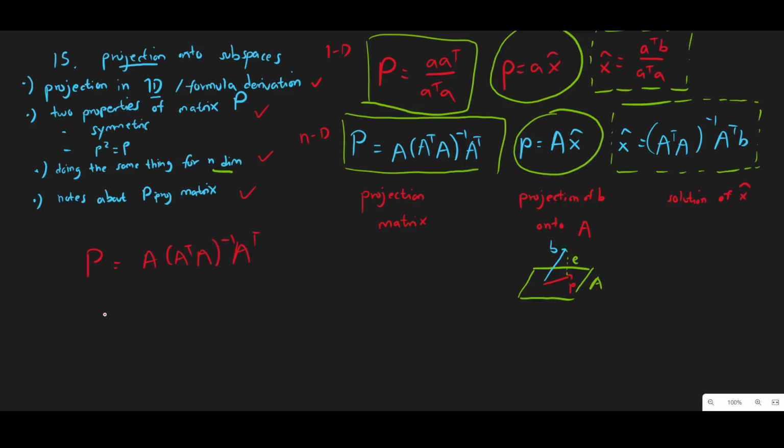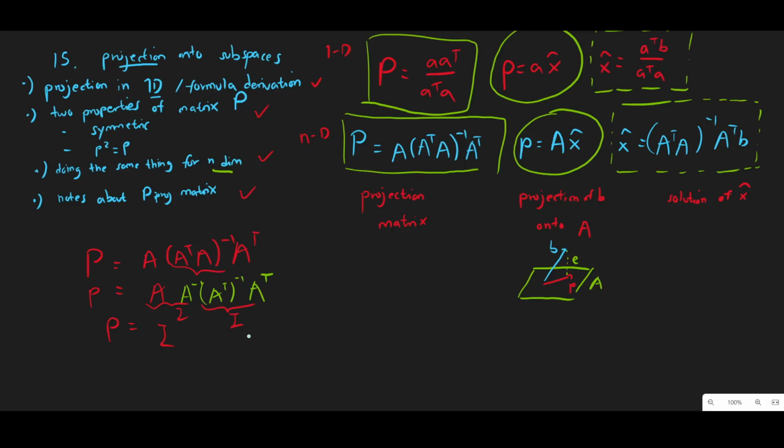Professor Strang mentioned, what if we expand this one right here? Remember, the inverse will change the order as well, and then this term will be the identity, and this also will be the identity, leaving A inverse, A transpose inverse, A transpose. So what happened there?